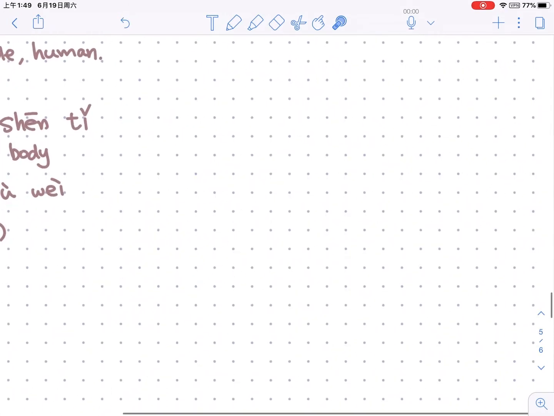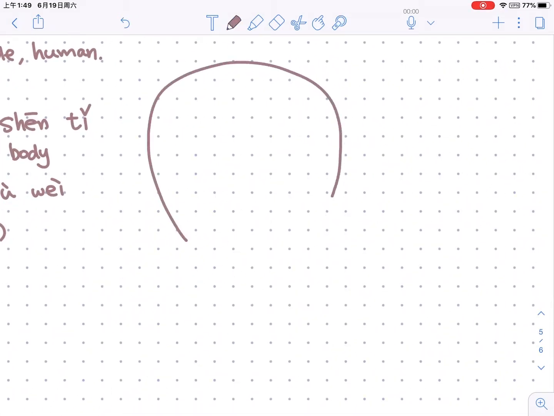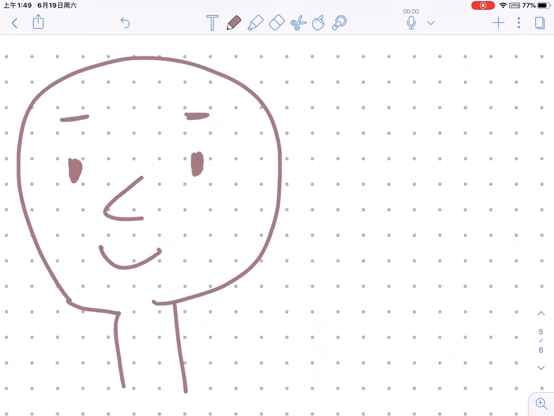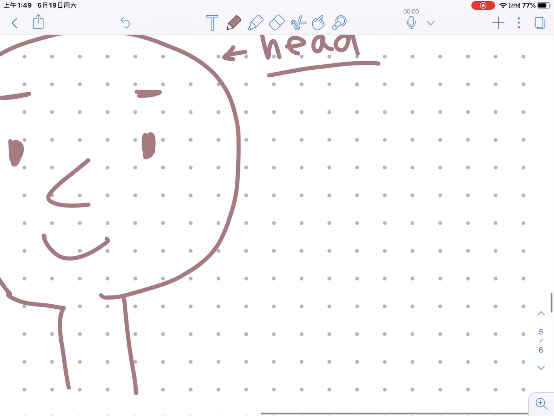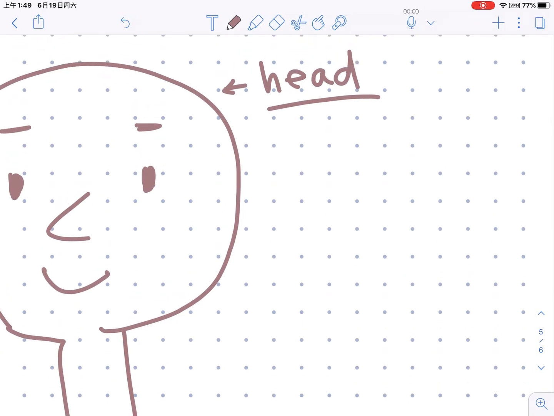Now, I will start from the head. Right, so that is the first body part for today. It is a head. And the word for head in Chinese is actually quite easy to pronounce and easy to write.